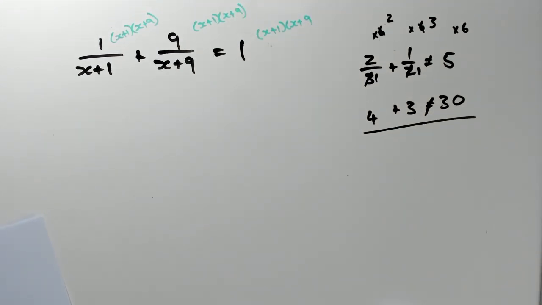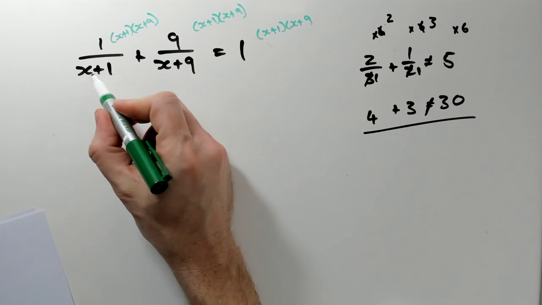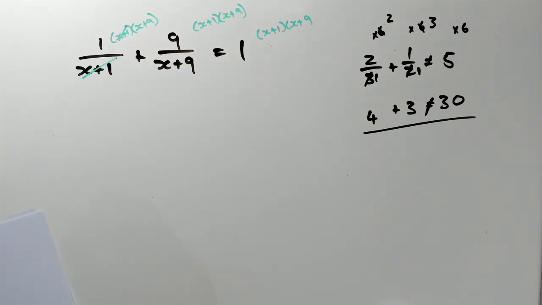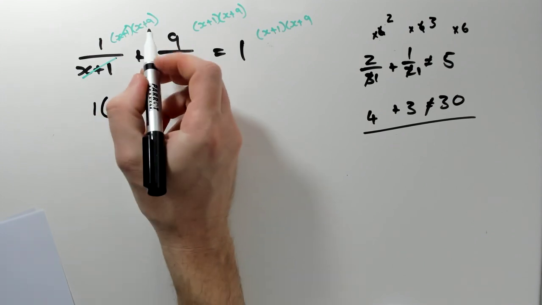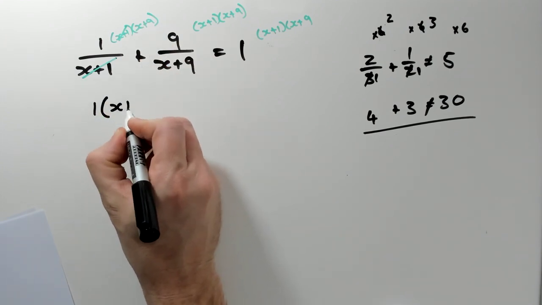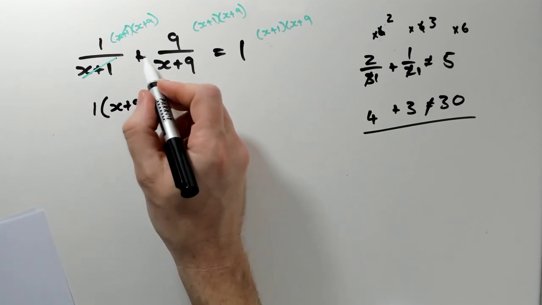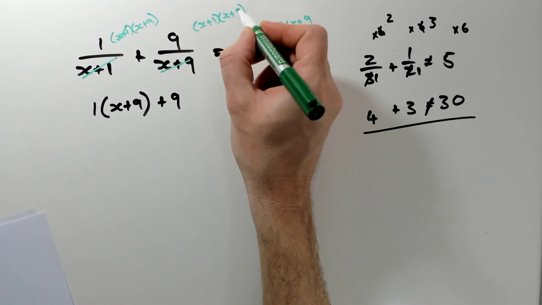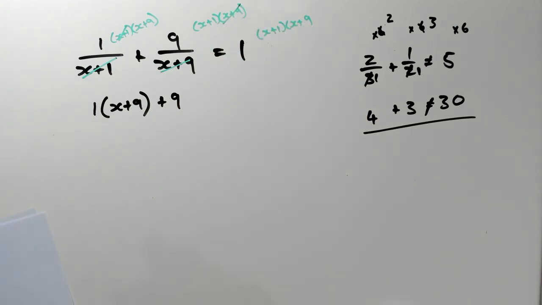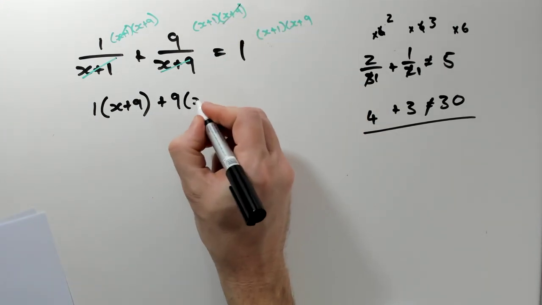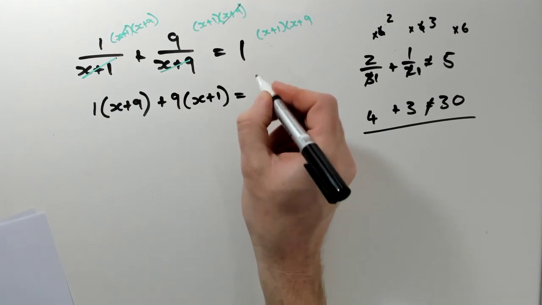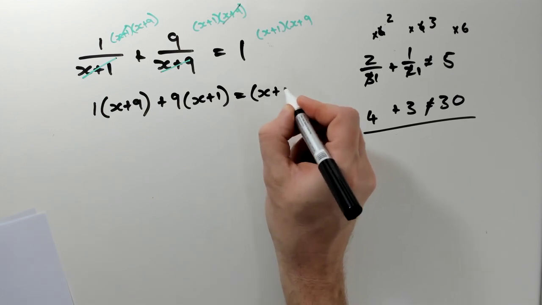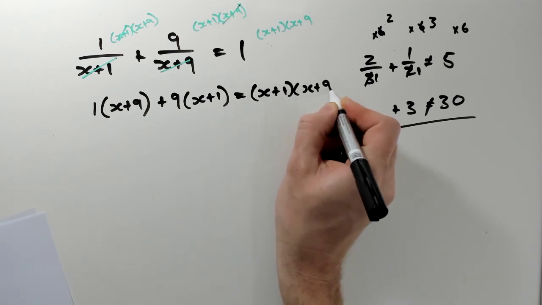Everything I'm going to multiply, and if I multiply this and that, this and this would cancel out, and I'll be left with the 1 times whatever is left there, which is x plus 9, and then plus the 9, and the x plus 9 and the x plus 9 will cancel out, and I'll be left with the x plus 1. And here everything is just 1 times that, and I have to multiply everything. So x plus 1 and x plus 9.